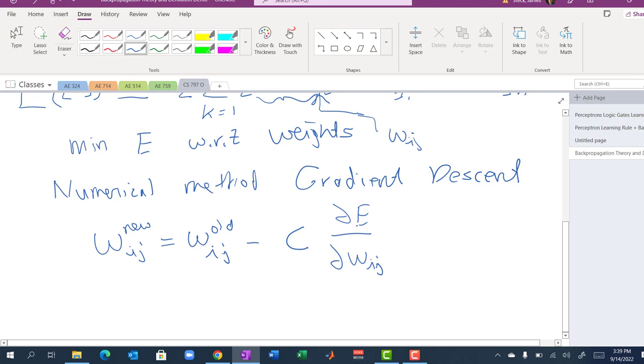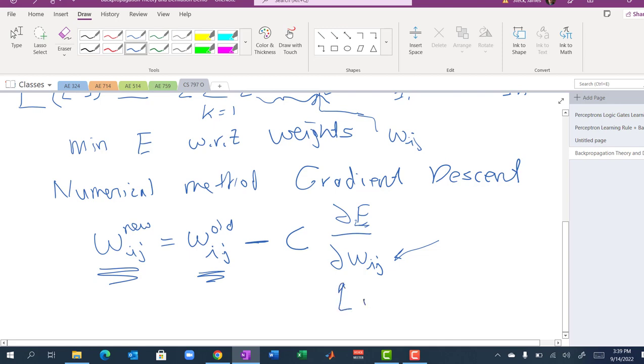So you calculate the derivative of E with respect to a given weight, and then C is the learning rate like we've used before, so you take the old weight and you update it so that you go downhill, minus sign here. We go in the negative error gradient direction to get a new set of weights that should give a lower error.